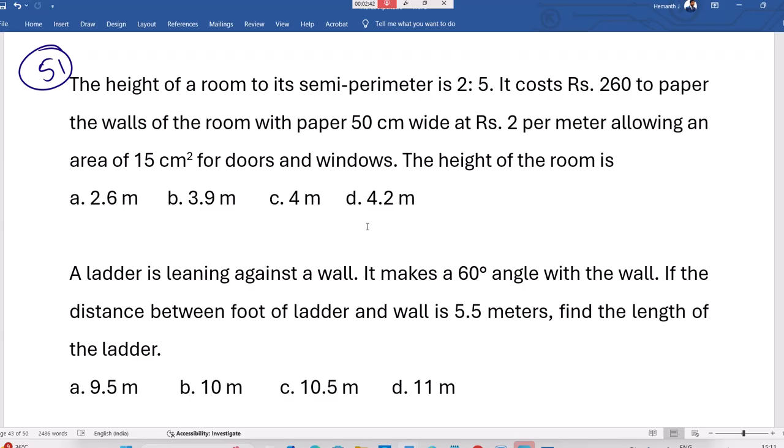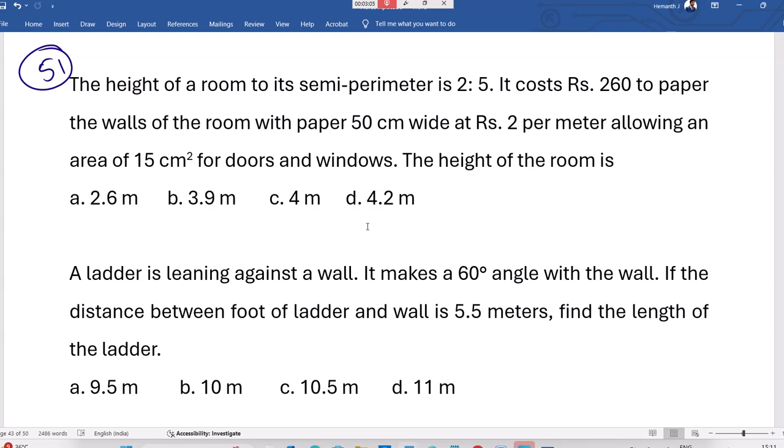It costs rupees 260 to paper the walls of the room. Cost is given per meter, how much also given. And you should allow 15 centimeters square for doors and windows. Means that you are not putting any paper for that.